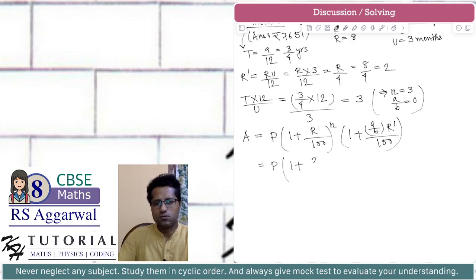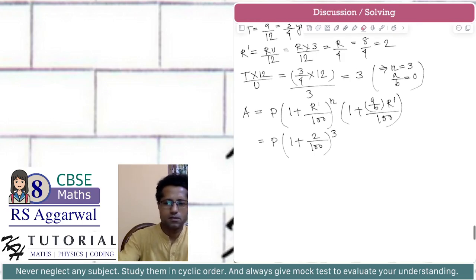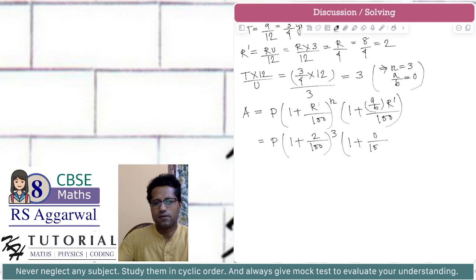R dash is 2, so 2 by 100. n is 3, and the last part will become 1 because the fraction a by b is equal to 0. You can write it for the sake of understanding, 0 by 100. Now this is equal to P times 1 plus 2 by 100, which is 1 plus 1 by 50, cubed.